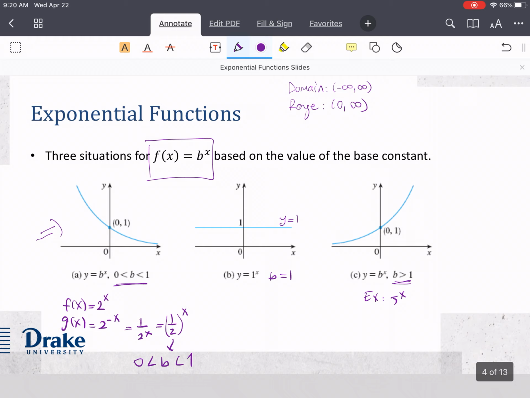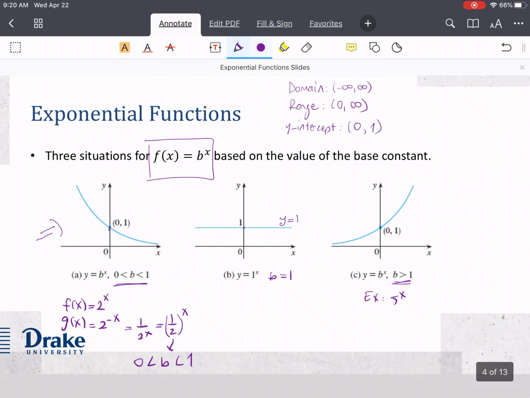What else? So what about the y-intercept? I briefly mentioned that they always have the y-intercept at x equals 0, y equals 1. They always pass through this point. As you can see, in all 3 situations, they always pass through that point.